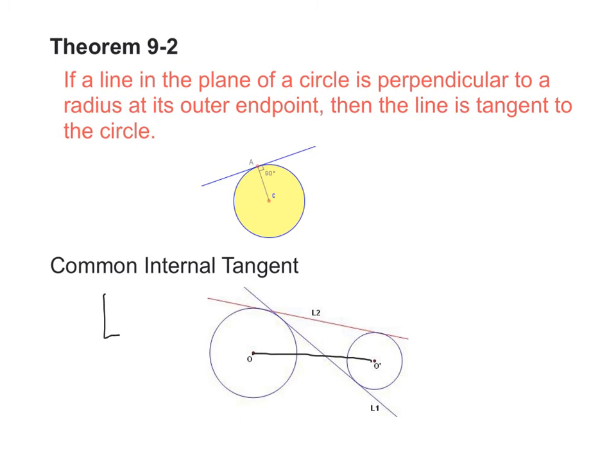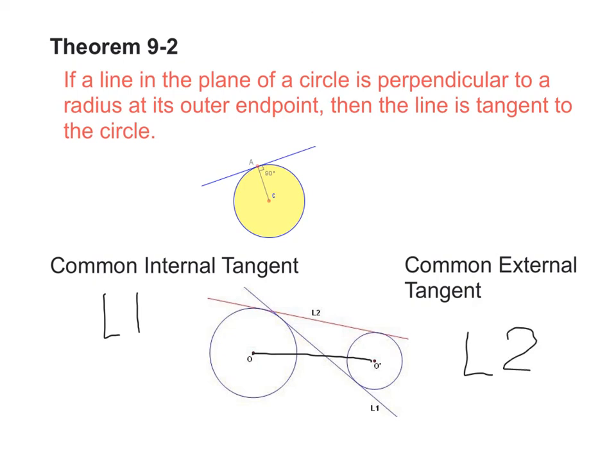Now, a common external tangent, on the other hand, does not intersect the segment joining the centers. So in our diagram, L2 would be a common external tangent.